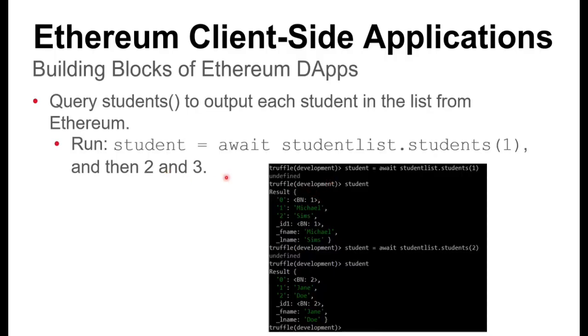We can return information on student 1, student 2, and student 3. So we ran the student list here and it's returning information. So we're actually interacting with the smart contract right from the console. This is querying output from our smart contract.